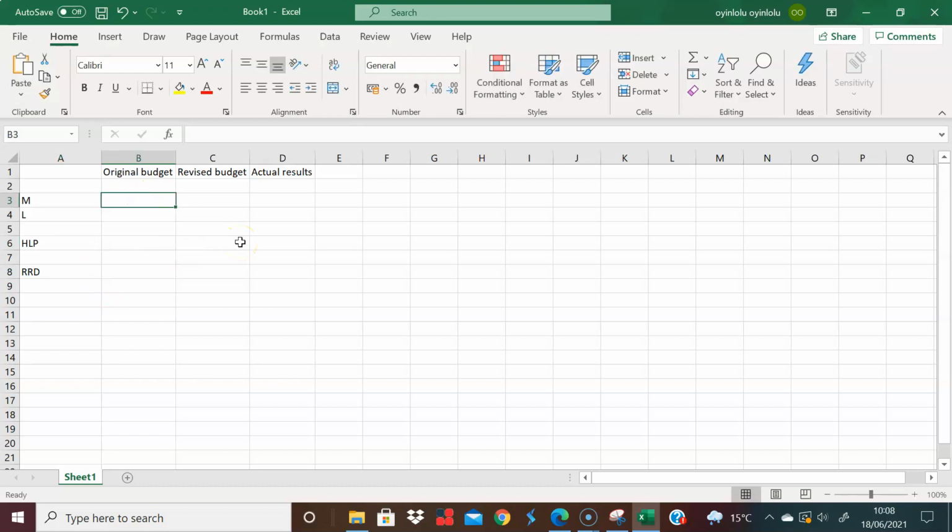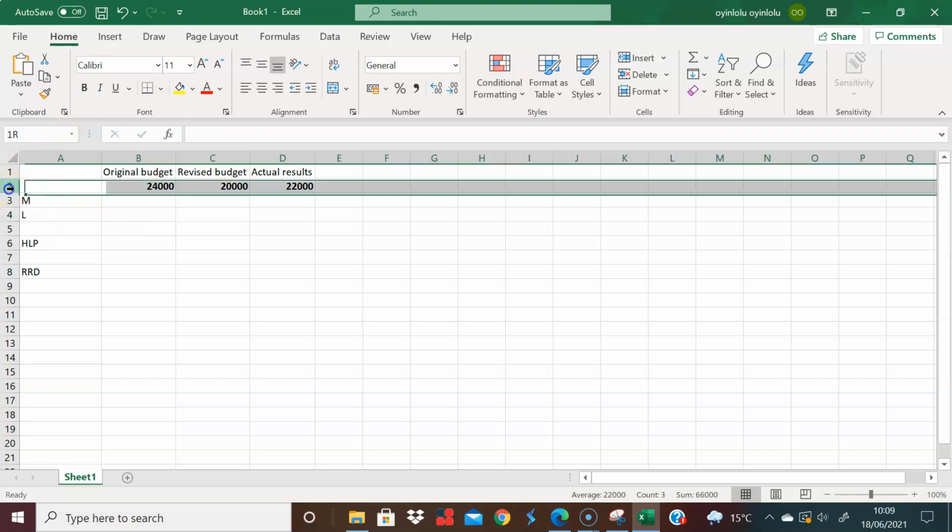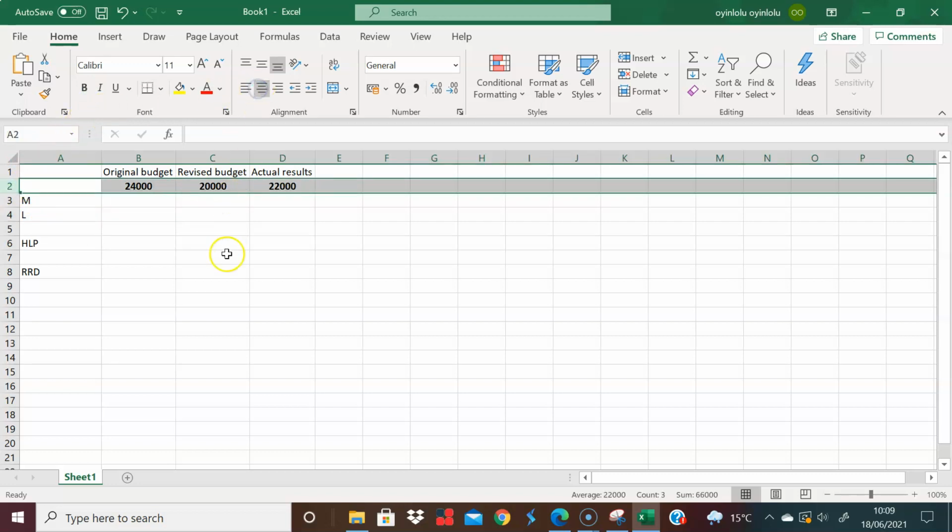It starts off with the units, here 24,000, 20,000, 22,000. That's fine. You have that coming in through there.